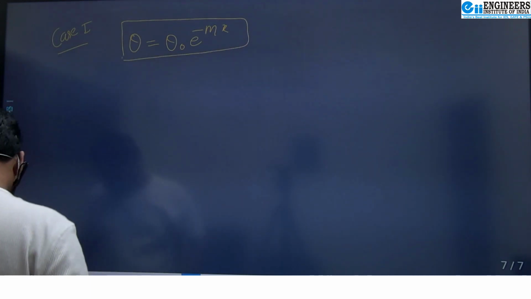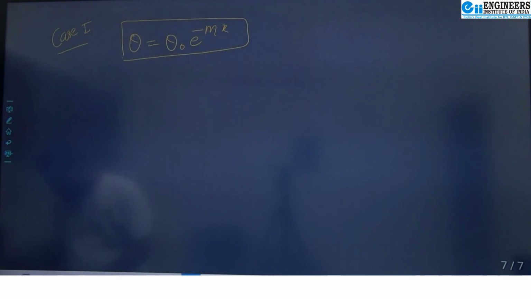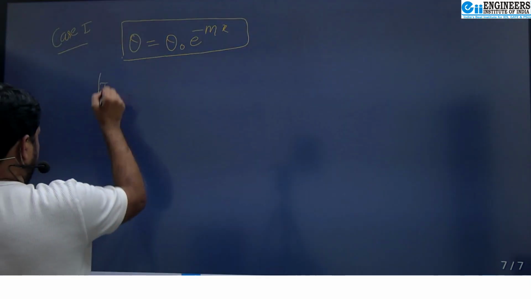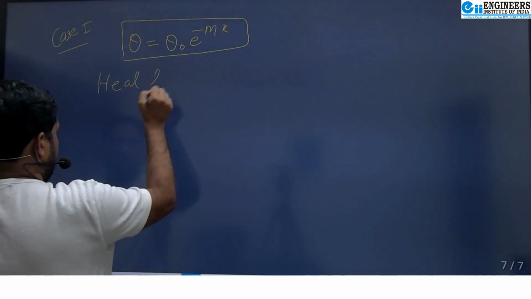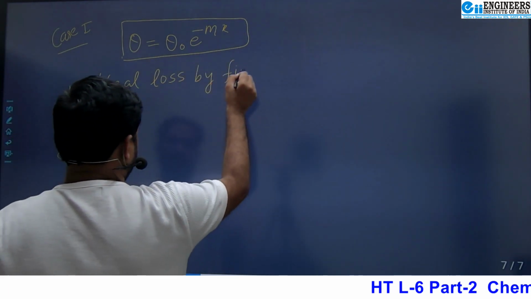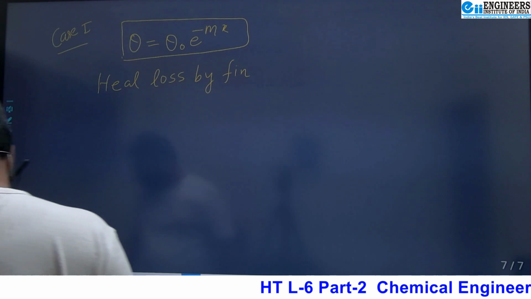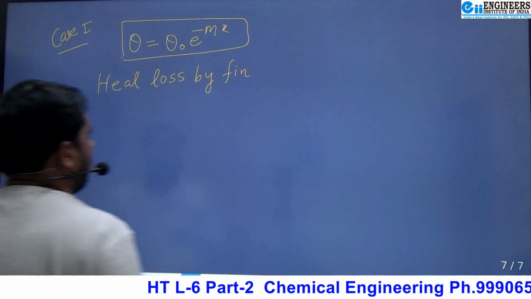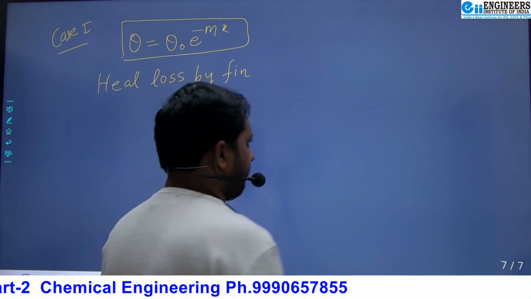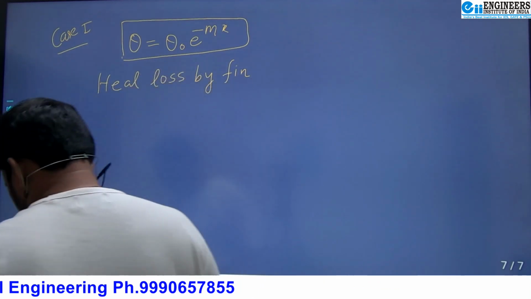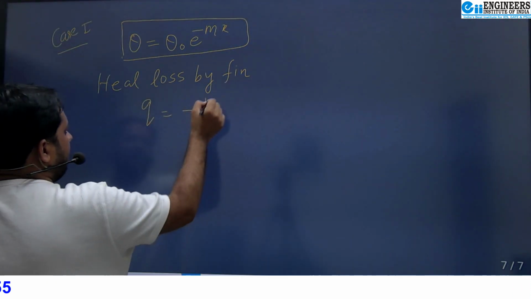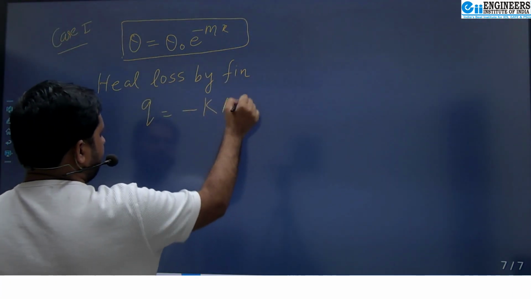Now if you want to find the heat lost by the fin, then you have to calculate what amount of energy is conducted at the base of the fin. So the heat loss is nothing but what is conducted at the base of the fin.